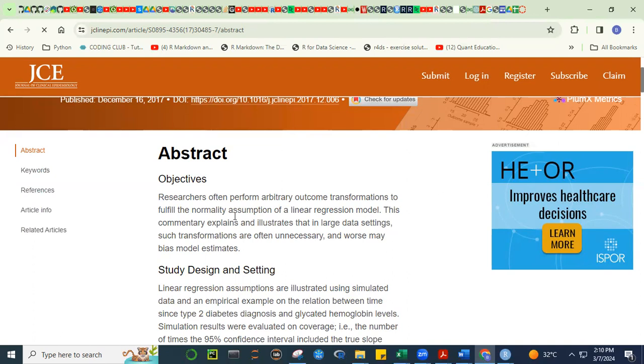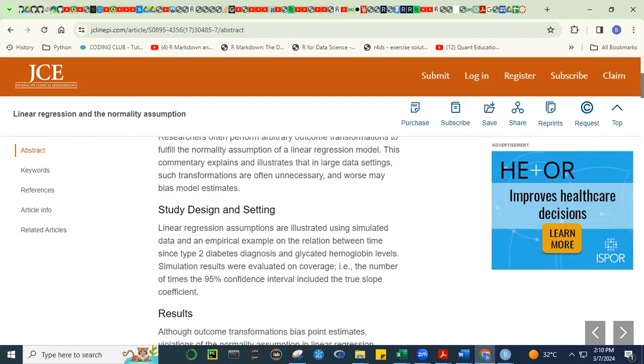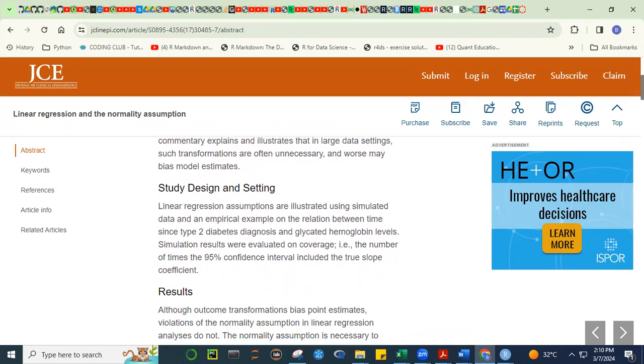Okay? Now, itong article na 'to, ang sinasabi nito na baka unnecessary na mag-transform ka kung hindi normally distributed yung, let's say, dependent variable natin. Sabi, in large data settings, yung transformations na yan are unnecessary and worse, may bias model estimates. Baka hindi na maging BLUE yung estimates pag nag-transformation ka.